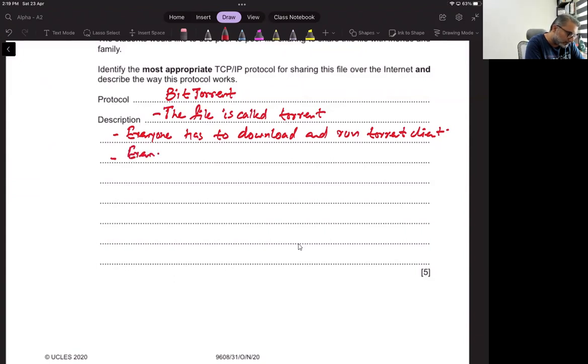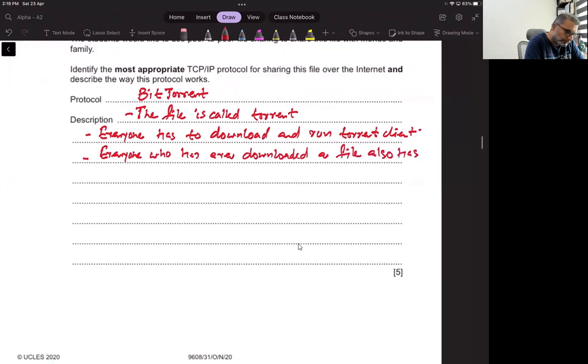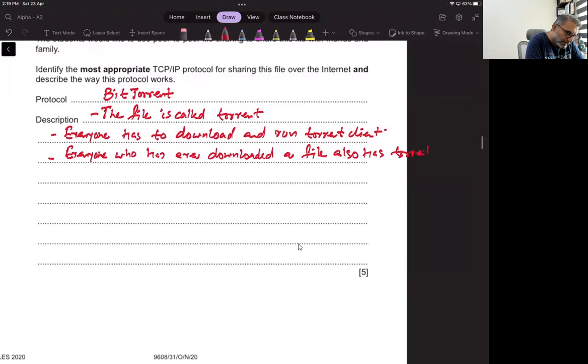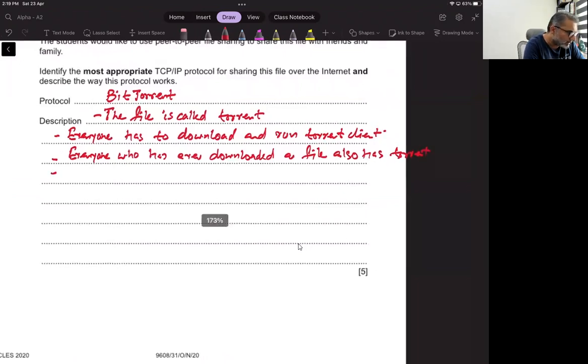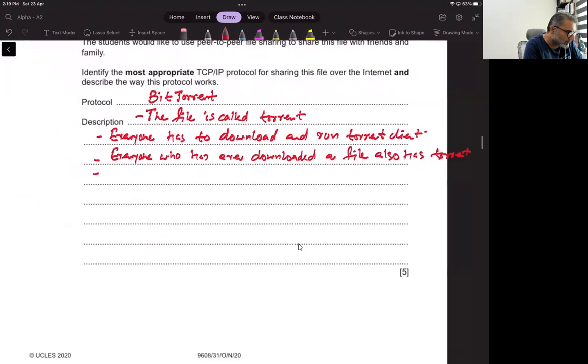Everyone who has ever downloaded a file also has the torrent, which is the torrent file. Torrent file is split into pieces.